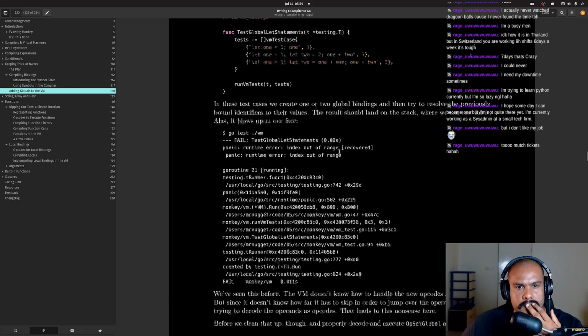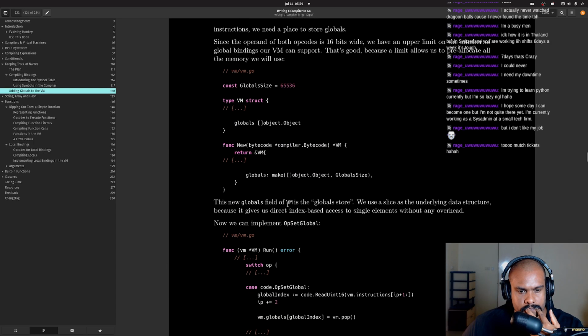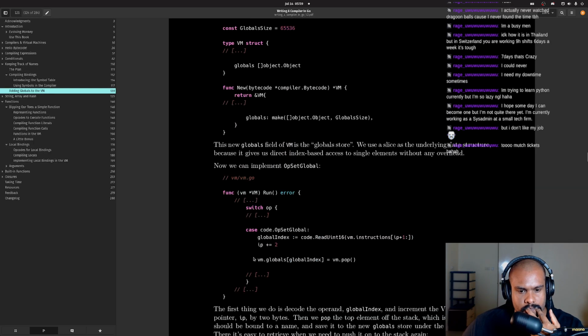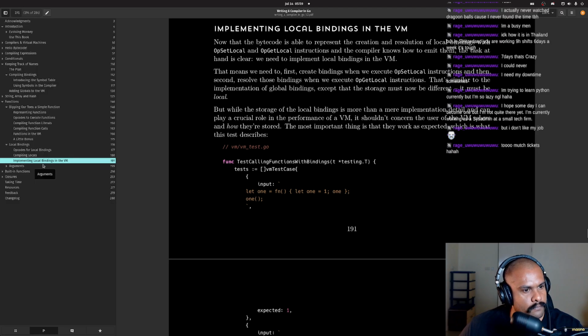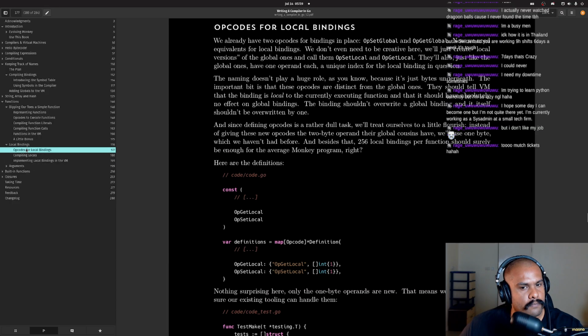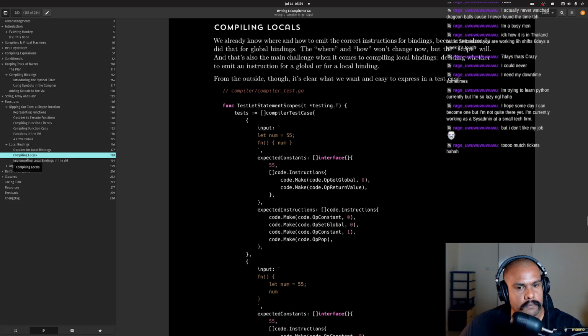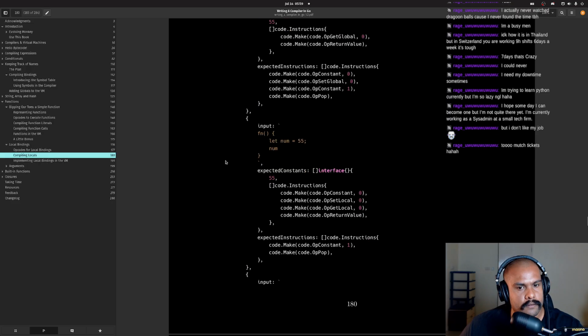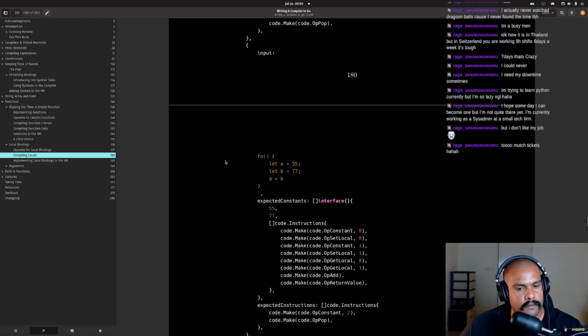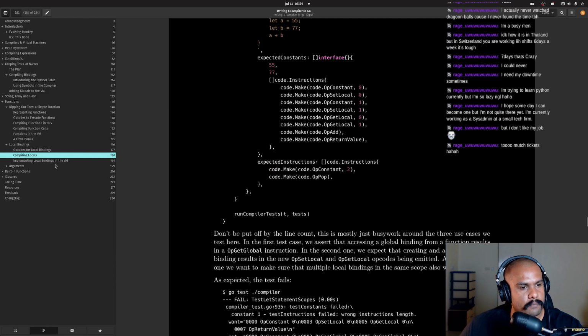Adding globals. Okay, so I wasn't wrong. Implementing.